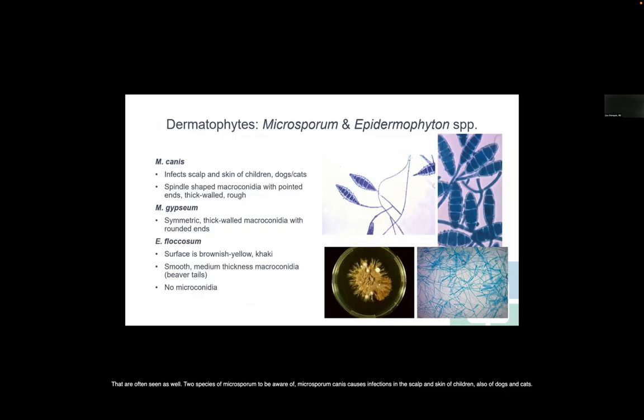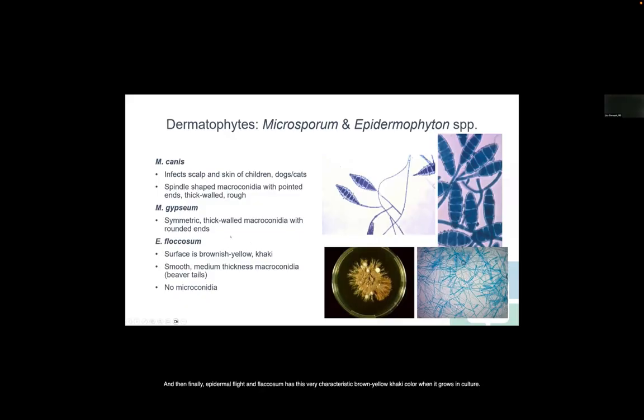Two species of Microsporum to be aware of. Microsporum canis causes infections of the scalp and skin of children, also of dogs and cats. And we see macroconidia here that are thick-walled, spindle-shaped, with pointed ends, and the surface is rough. In contrast, Microsporum gypseum again has thick-walled macroconidia, but the ends are rounded and the surface isn't as rough.